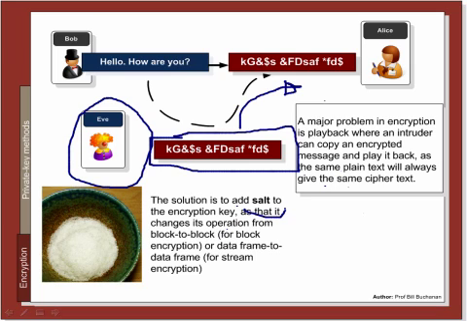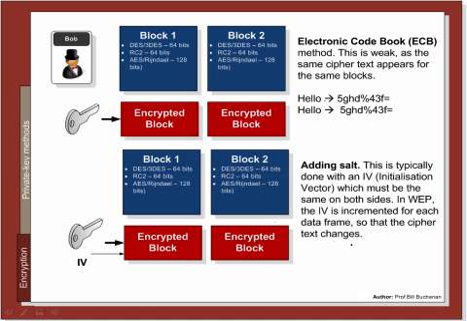So what we typically do is we add salt to the encryption. With salt, we take our block, we encrypt it with a key, we take another block and we encrypt it. Typical block sizes are 64 bits for DES and 128 bits for AES.